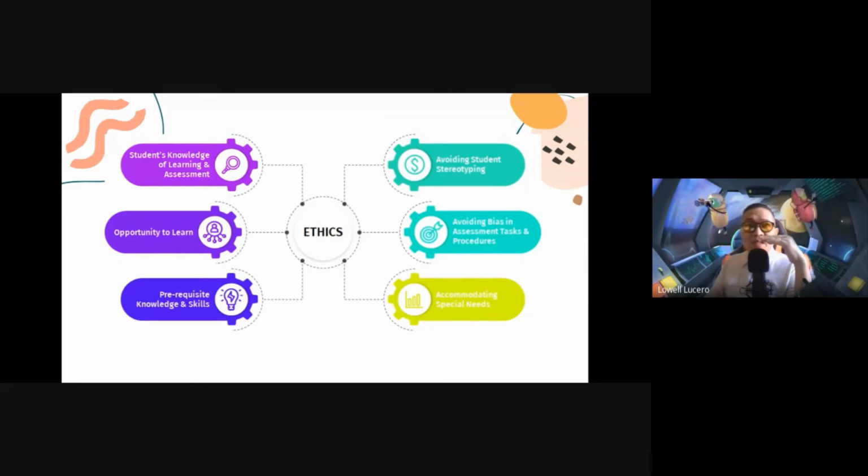Huwag mong itago yung assessment or yung scoring mo sa bata. Tapos saka mo na siya ipalabas when you're trying to assess the student. No. So dapat i-share mo agad so that they will know what to do and how to improve their performance. Next is opportunity to learn. Importante yun, no? That's part of fair test. Dapat na fairness sa test, and it should be consistent with the instruction at the same time.